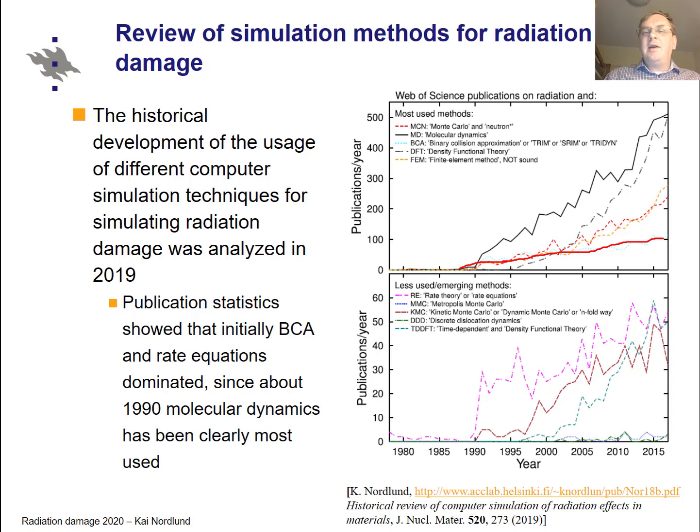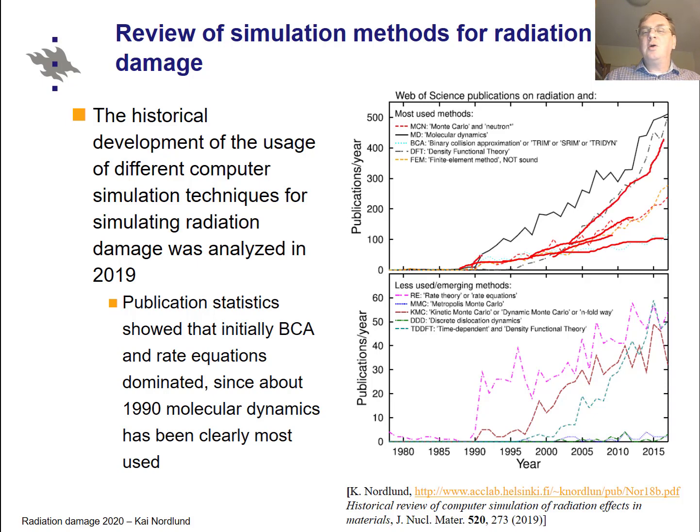And then we have finite elements, which we won't discuss much on this course. Then we have Monte Carlo simulations on neutronics. This was mentioned in the neutronics section of the course earlier on to some extent. Then there is density functional theory, a quantum mechanical method, which will be mentioned a few times during this course.